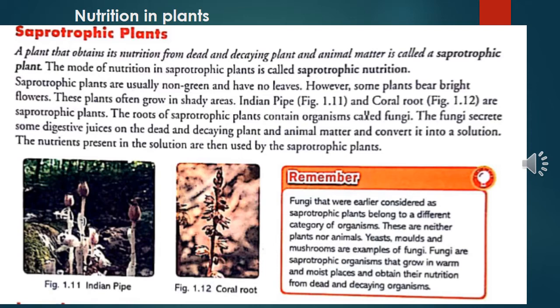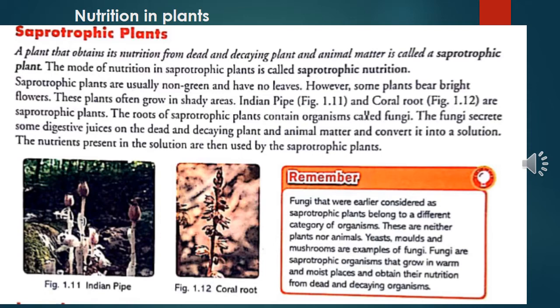Some plants bear bright flowers. These plants often grow in shady areas. Indian pipe, you can see figure 1.11, and coral root, figure 1.12, are saprotrophic plants.